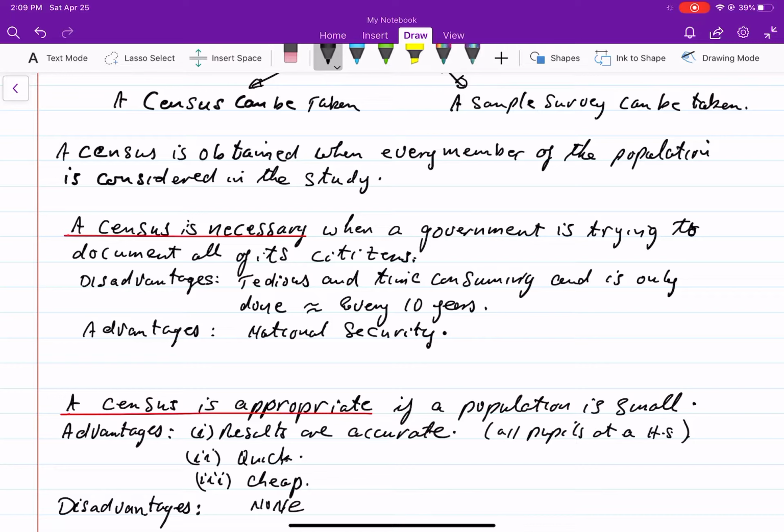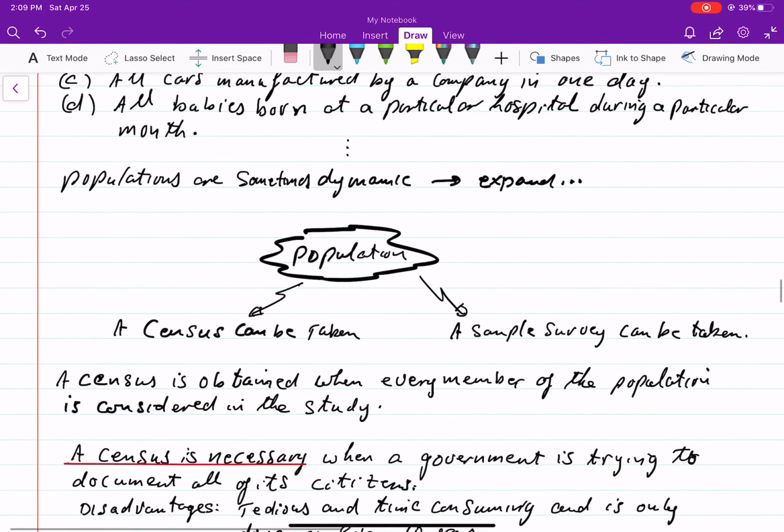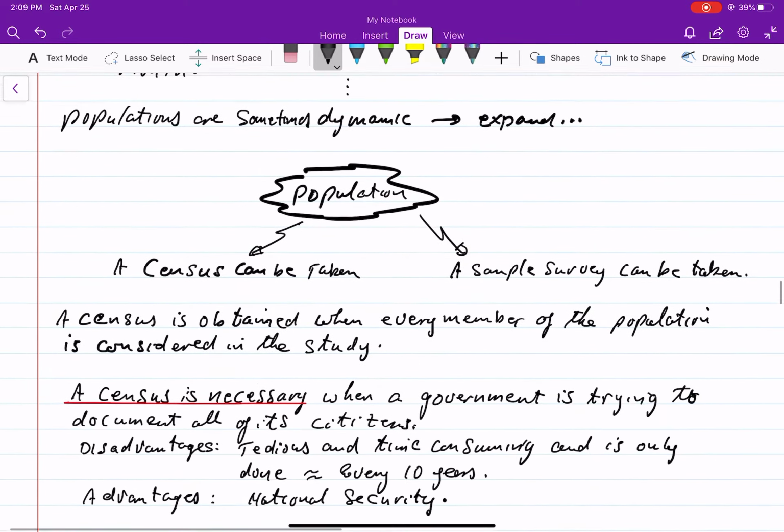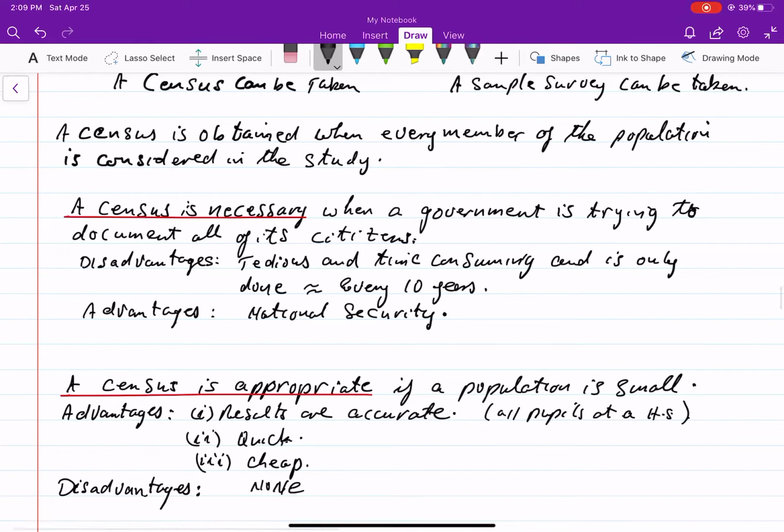Census is necessary when a government is trying to document all of its citizens. This is tied directly into the first population I talked about, all the people currently alive that were born in a particular country. When a government is trying to document all of its citizens, you definitely want to have a census there to try to account for everyone in the population.